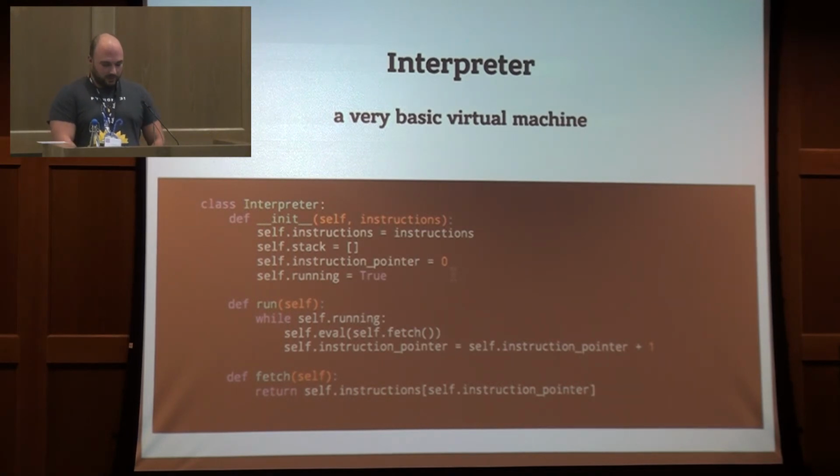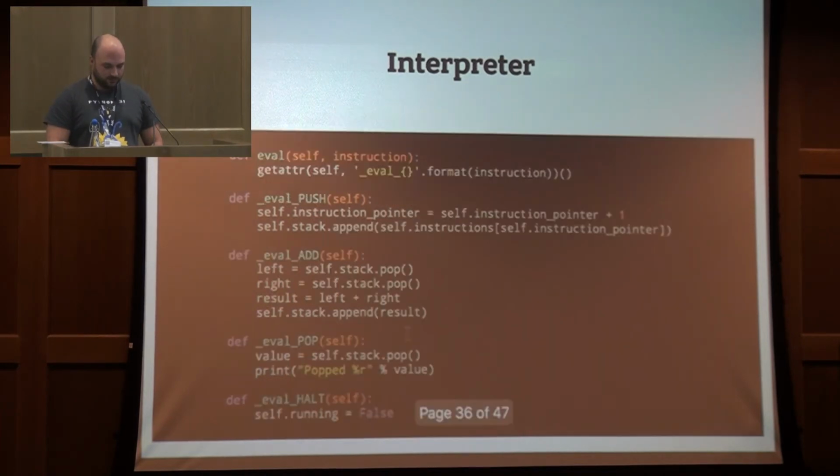So we can see that we have a stack here, and the loop for running when we want to execute the interpreter. This loop will eval each instruction from the memory, from the stack. And the eval is just this code.